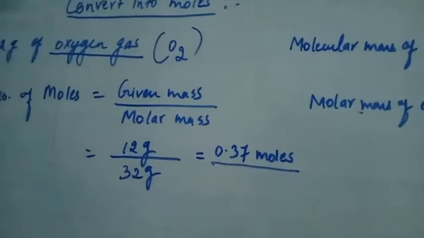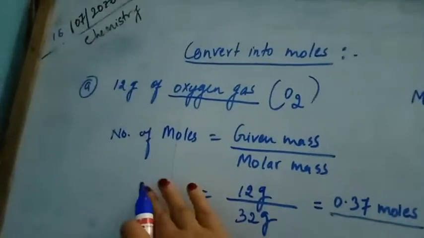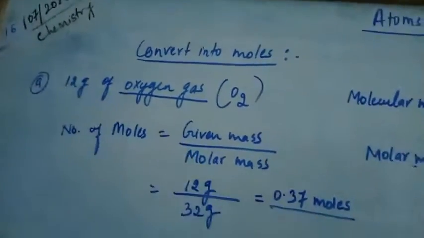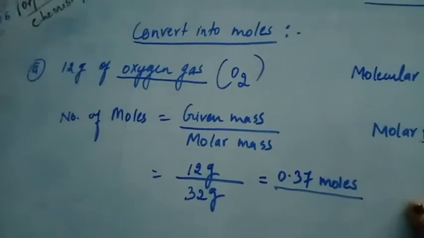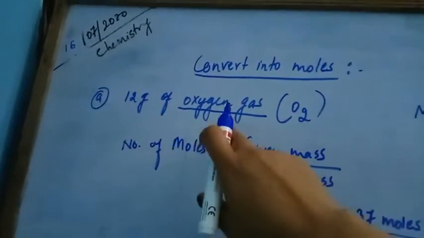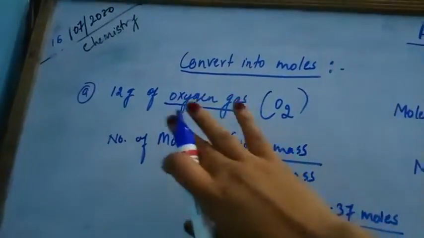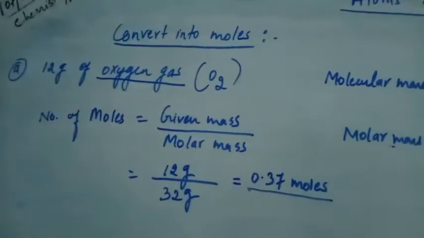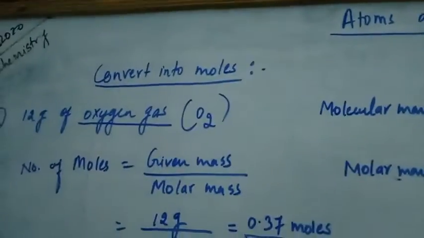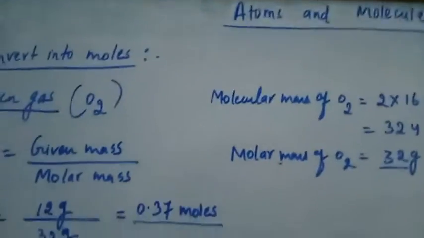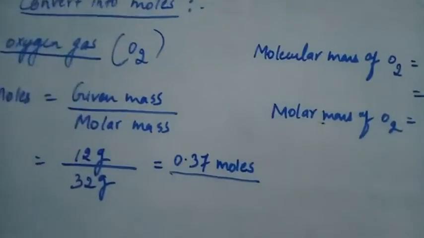As I told you before also, if you don't know the formula, you can go for the unitary method. In the unitary method, you first show that 1 mole of oxygen gas contains how many grams? 32 grams. So 32 gram is contained in 1 mole of oxygen gas.